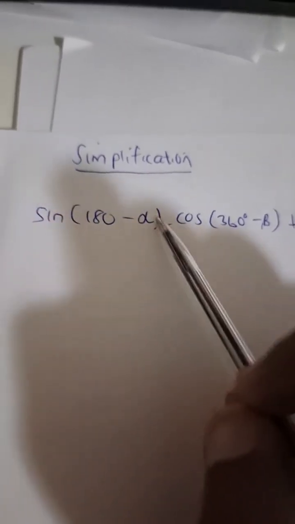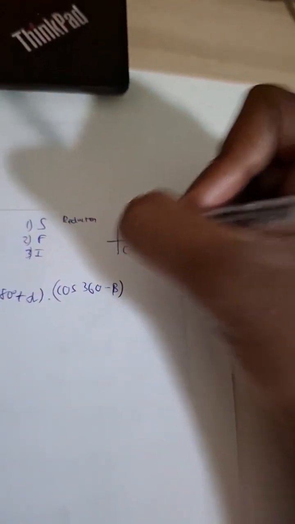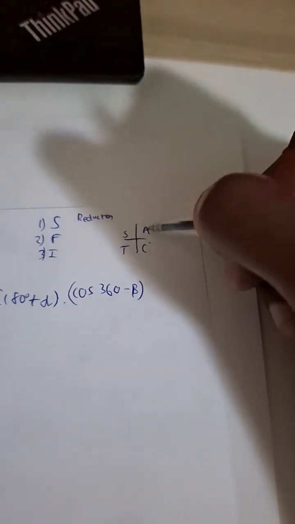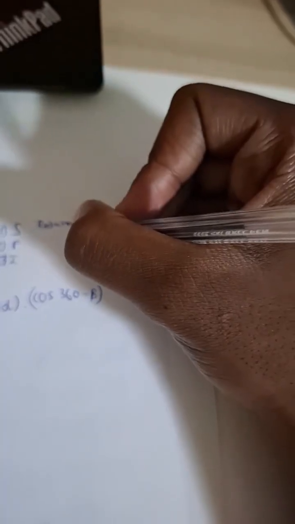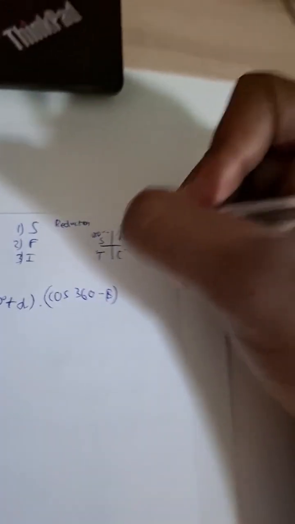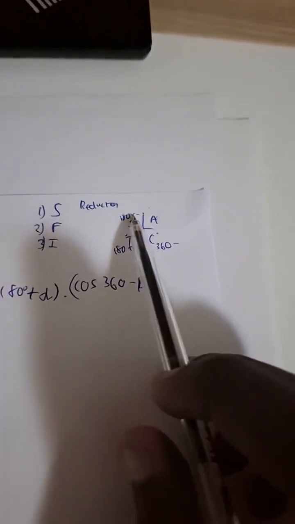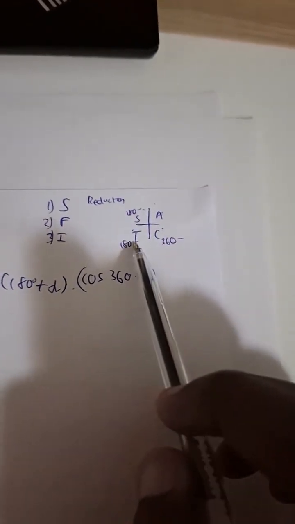In which quadrant is 180 minus? I'm sure you can still remember the whole CAST diagram. In the S quadrant we have 180 minus, here we have 180 plus, here we have 360 minus. All of these, 180 minus, 180 plus, 360 minus, are what we call function values.